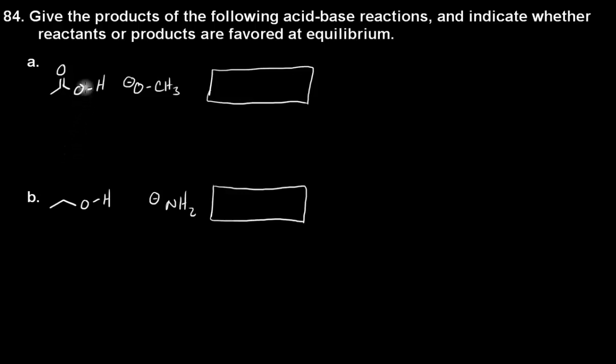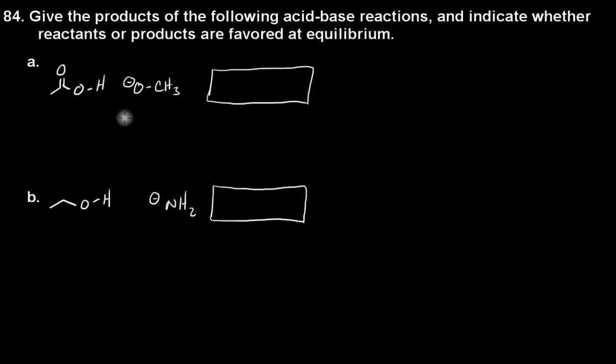Thinking about this oxygen that has a proton, this is neutral, versus this oxygen right here that has a negative charge, it's going to be negatively charged and relatively basic. So on an intuitive level, you should approach this going in thinking that the methoxide is probably going to be more basic. It's probably going to be acting as the base. Okay, so we can do that in an intuitive way.